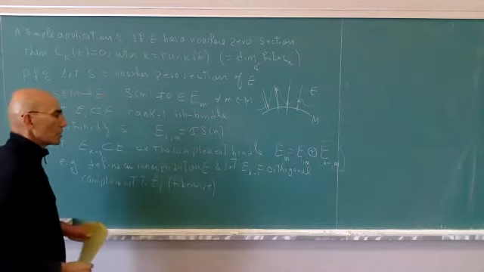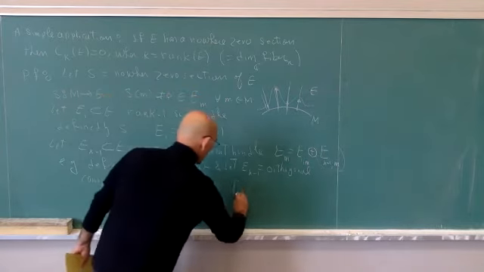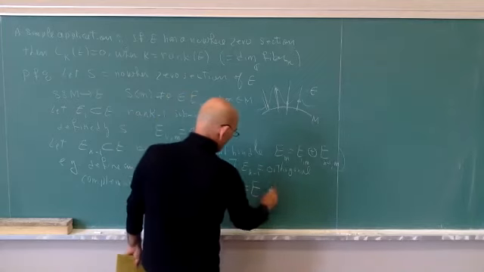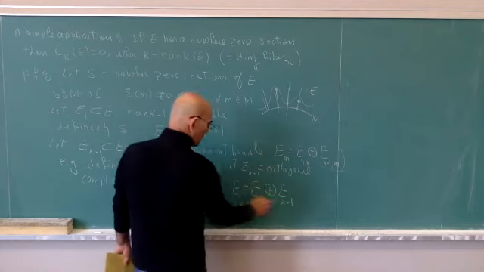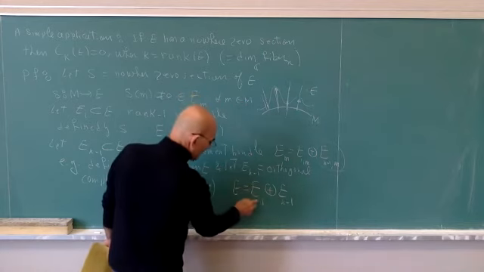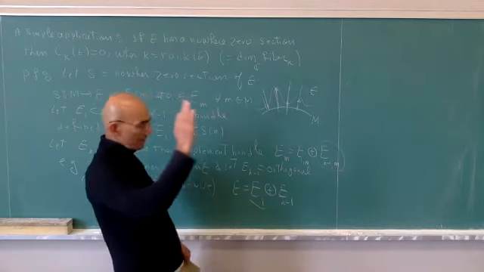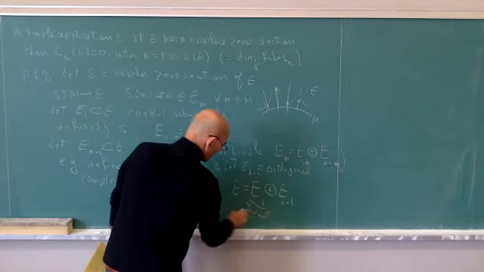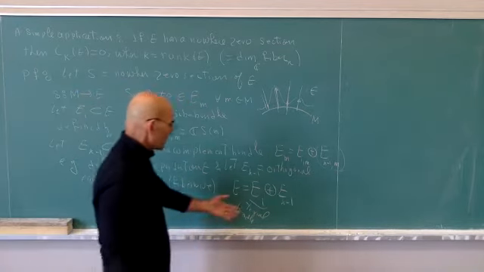So you manage to decompose your bundle as a direct sum of two bundles, E1 direct sum E_{k-1}. This is rank 1, this is rank k minus 1. But notice that E1 is trivial because it has a nowhere zero section. This is a trivial bundle.